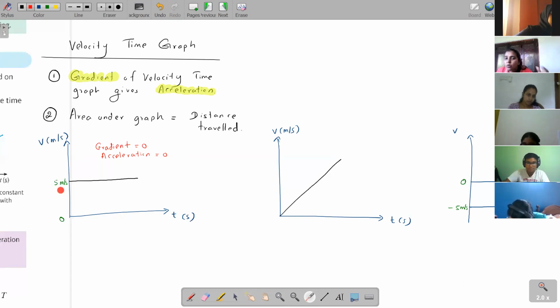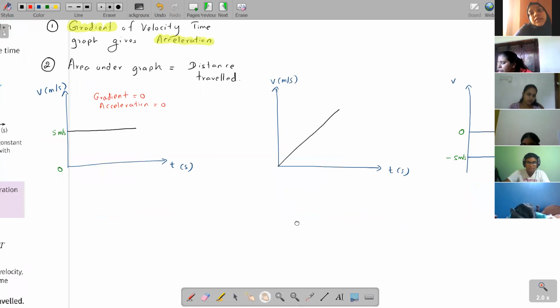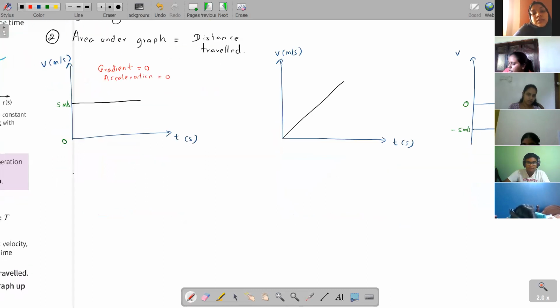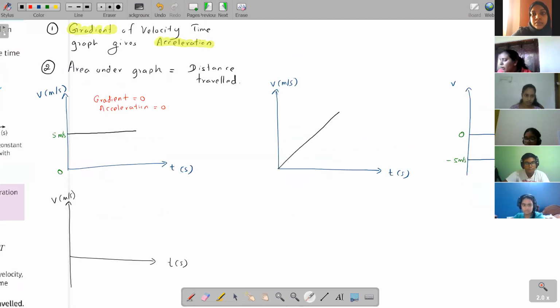This is not an object staying in one place. It has a velocity. If an object is staying in one place, where should the line go?